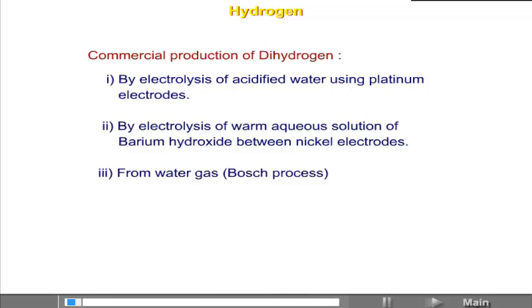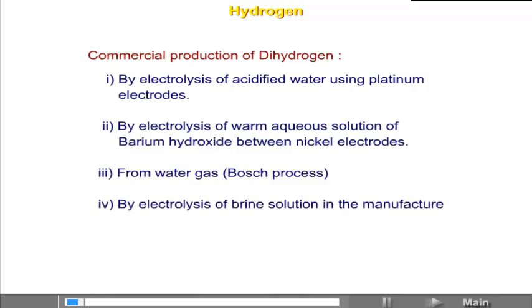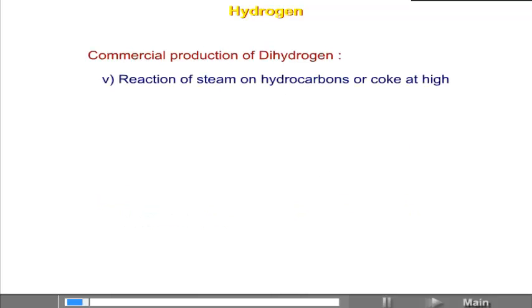Third method is from water gas, that is the Bosch process. Fourth one is by electrolysis of brine solution in the manufacture of sodium hydroxide and chlorine. Fifth one, reaction of steam on hydrocarbons or coke at high temperatures.